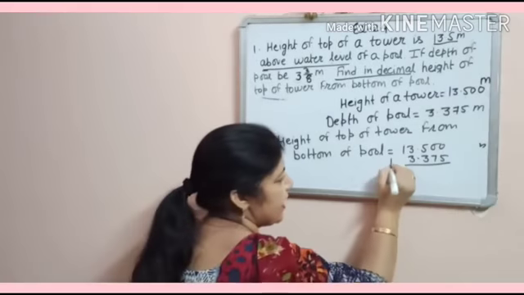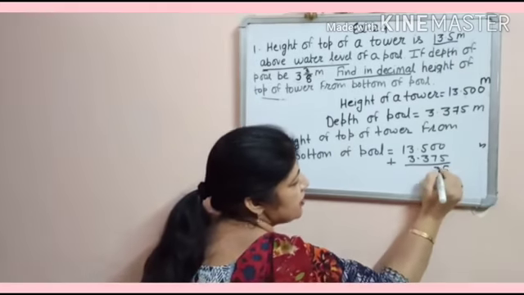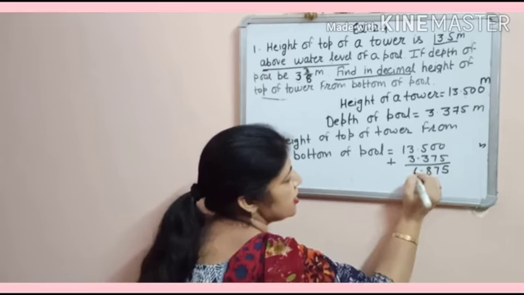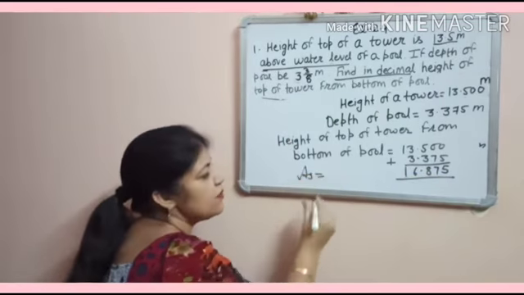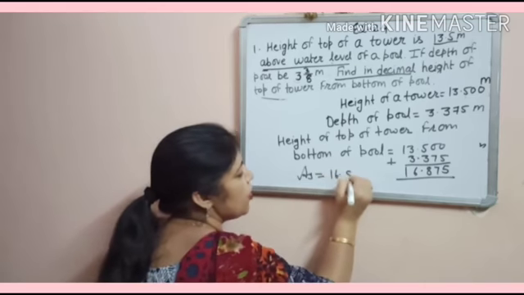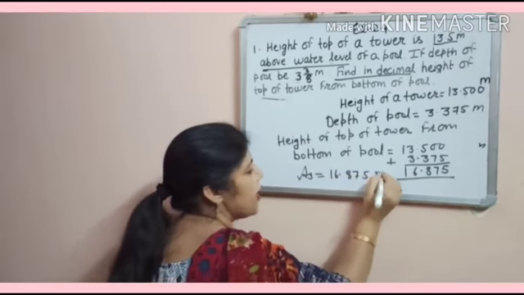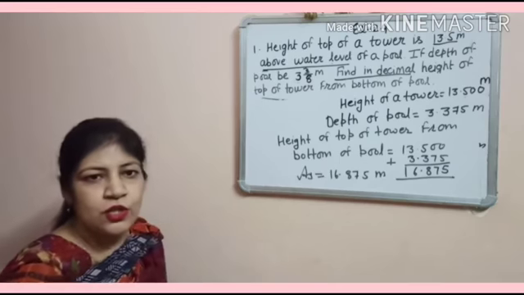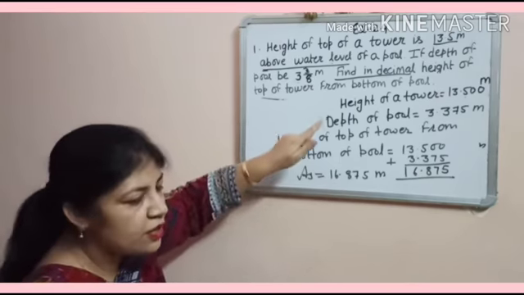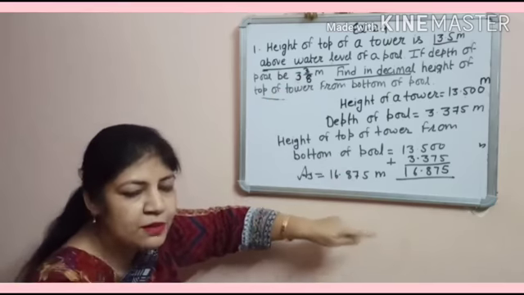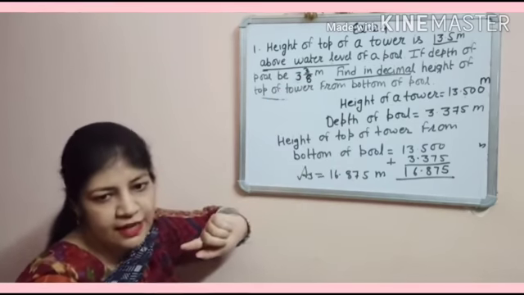Now let's add them. 5, 7, 8, 6. So your answer will be 16.875 meter. So this will be the height of the tower from the bottom of the pool.